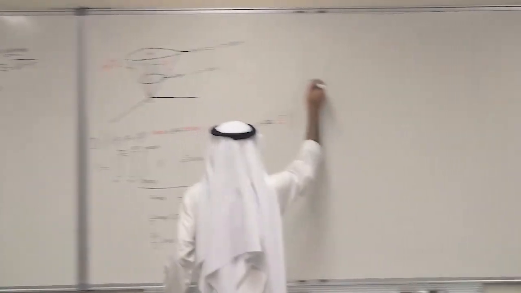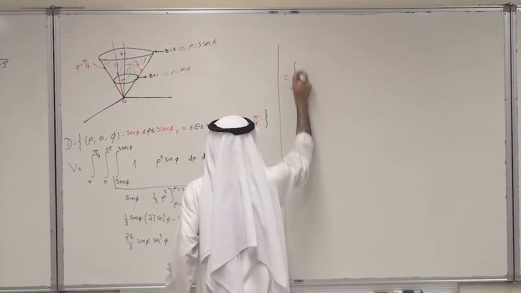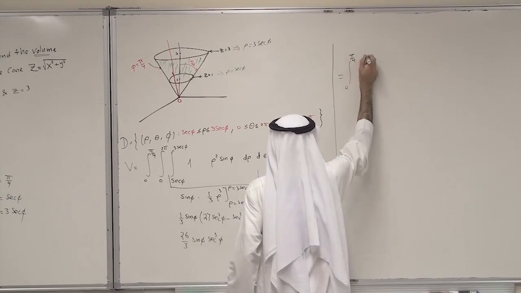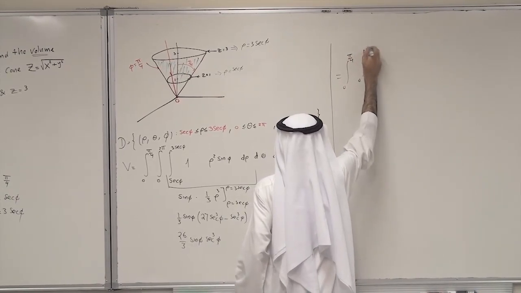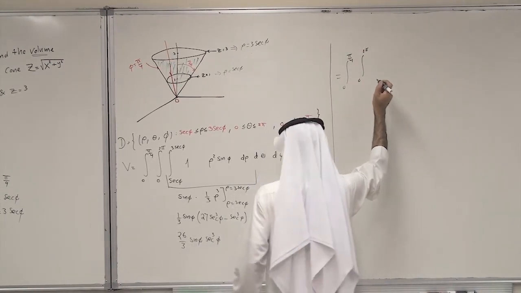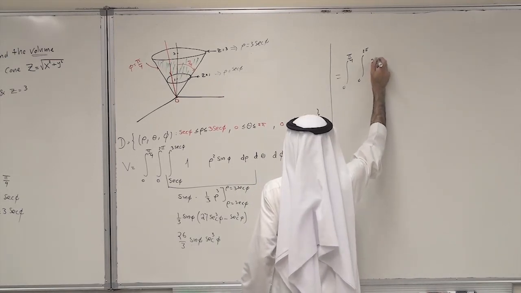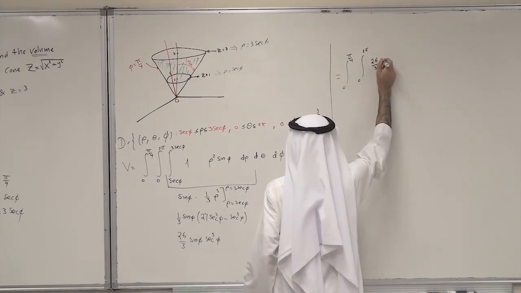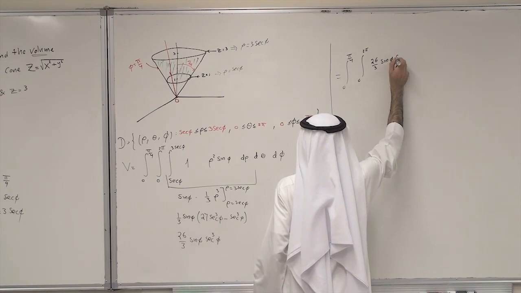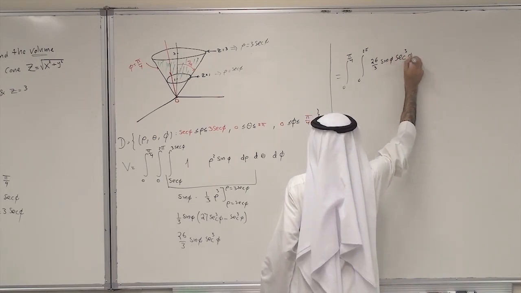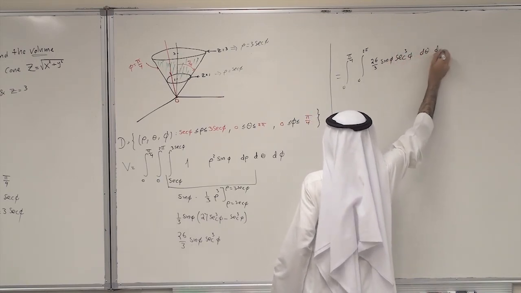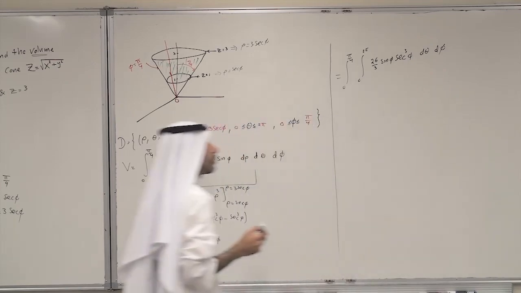This becomes the integral from 0 to pi over 4, and 0 to 2 pi, of 26 over 3 sin phi secant cubed phi d theta d phi.